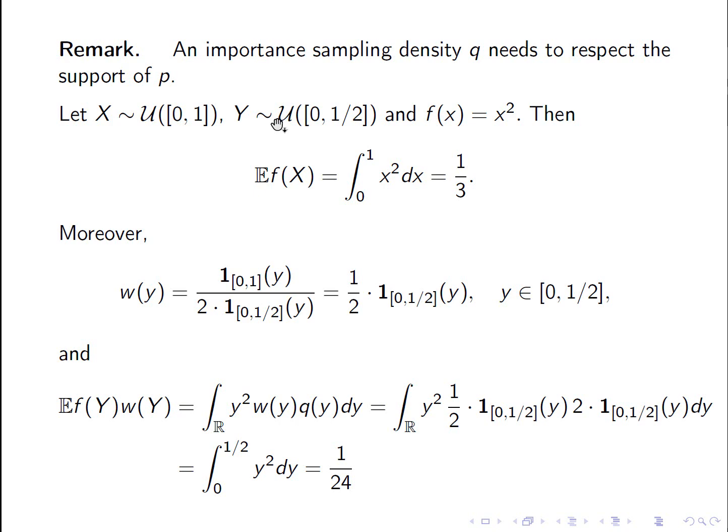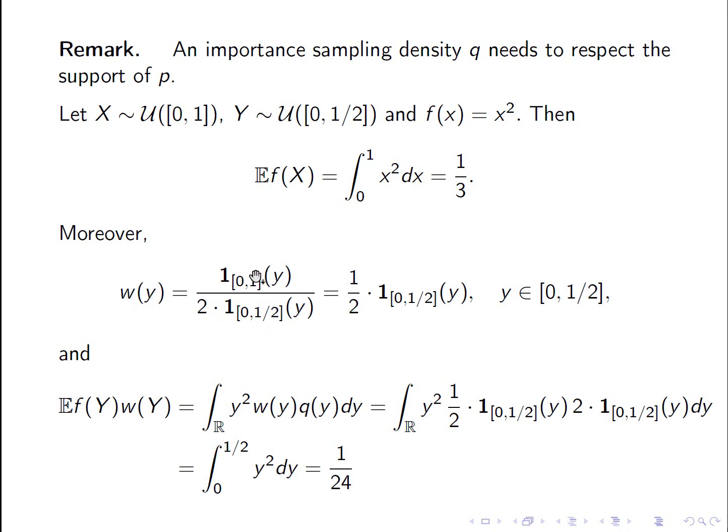Somehow it's obvious that this cannot work, but let's figure it out in detail. The expectation of f of x is the integral from 0 to 1 of x squared dx, that's 1/3.